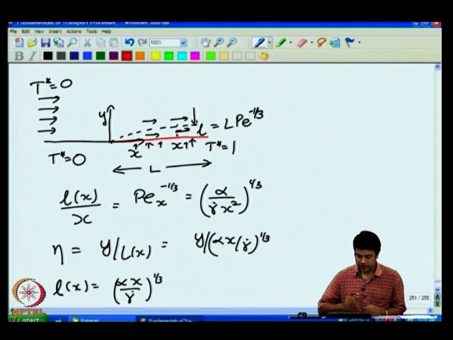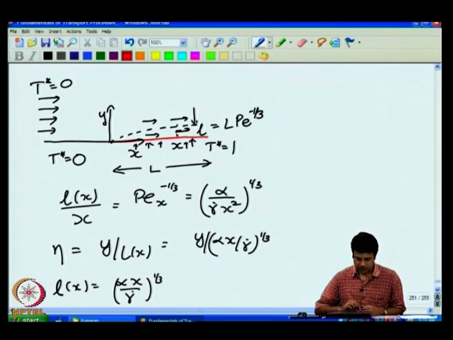Therefore, whether the plate is of length L or of length 2L downstream of the location x, the boundary layer thickness, the temperature at that location cannot depend upon the total length L of the heated section. Okay. It should only depend upon the distance x from the beginning of the heated section.